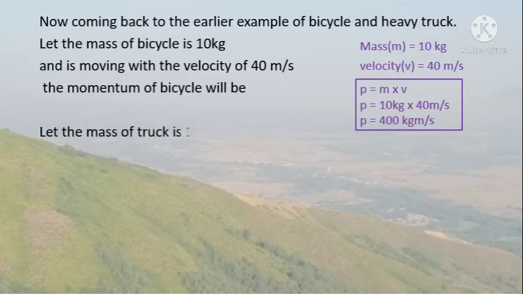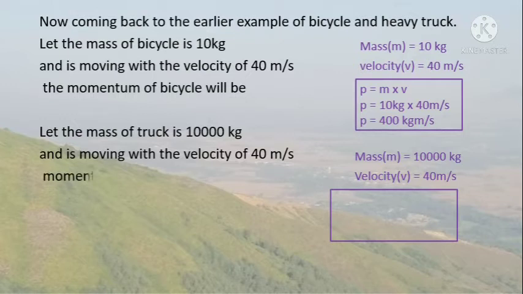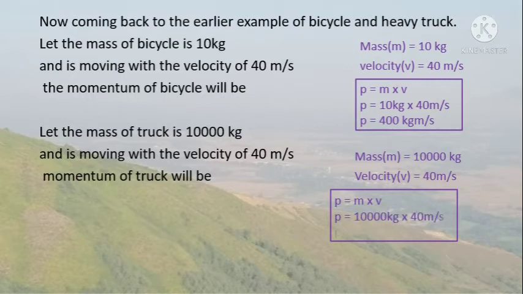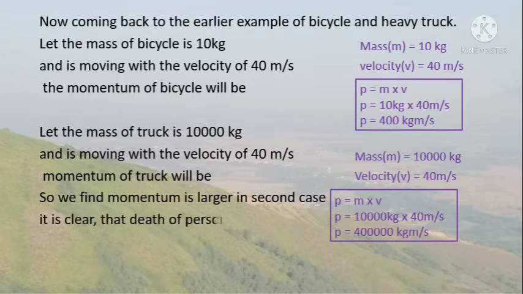Let the mass of a truck be 10,000 kilograms, moving with the velocity of 40 meters per second. The momentum of the truck will be 4 lakh kilogram meter per second. So we find momentum is larger in the second case. It's clear the death of a person is due to larger momentum.